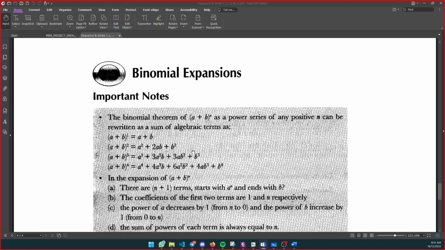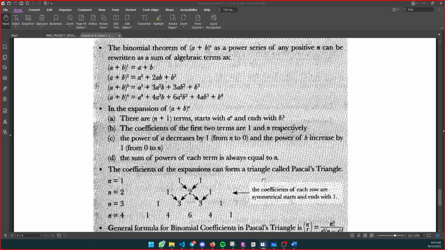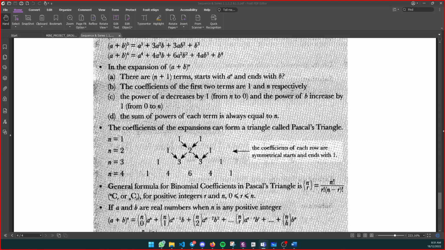Then at the end of this chapter, the last subchapter, we have what we call binomial expansions. Binomial expansions use Pascal's triangle. I'll explain later what Pascal's triangle is. Basically, when you have a quadratic expression and you square it, there's a certain formula for it.